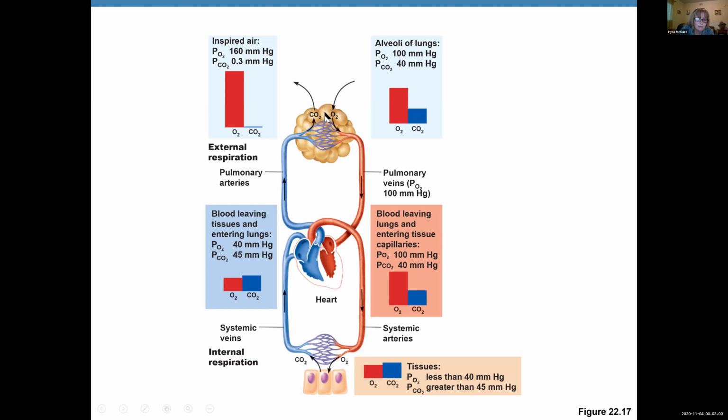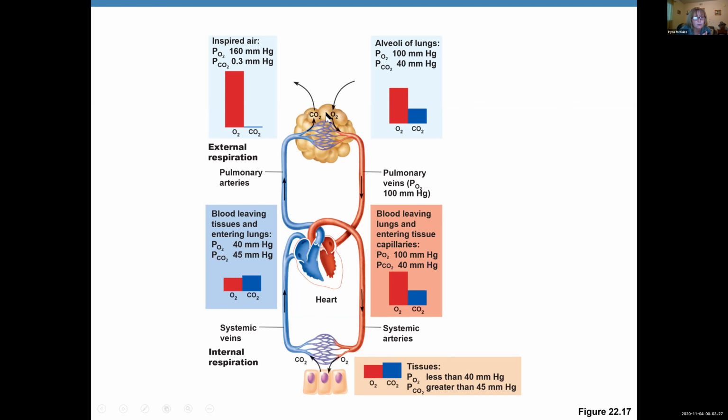Inside this blood the pressure is 45, right? Now what's going to happen? The carbon dioxide will move from higher pressure to lower pressure, from blood to the alveoli. It's not a steep gradient, but because carbon dioxide is very soluble, that works just perfectly.